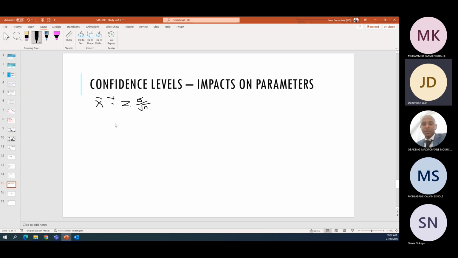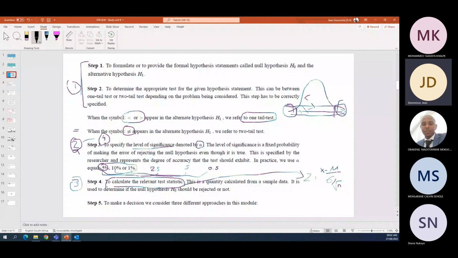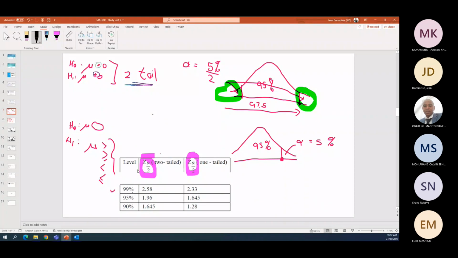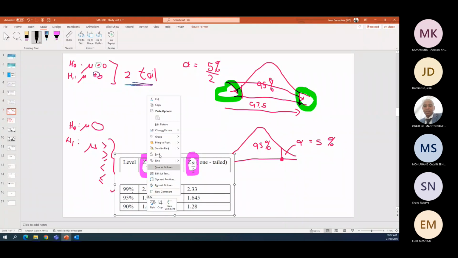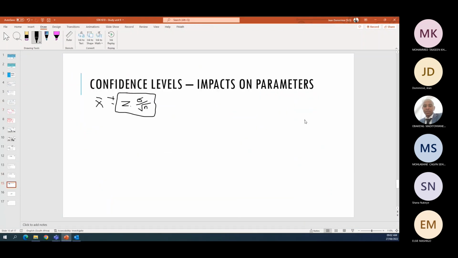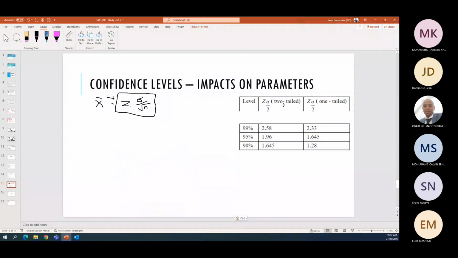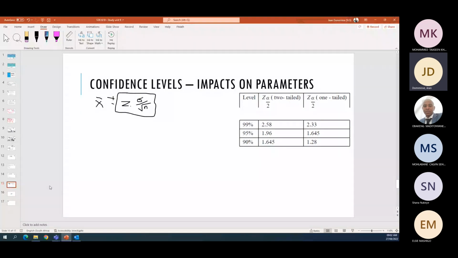So basically we have three things that can influence that confidence interval. Okay, and I just want to get that table that we also used, because this will also be nice just to show you.